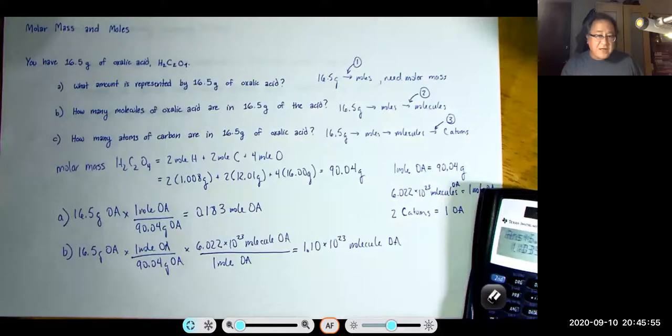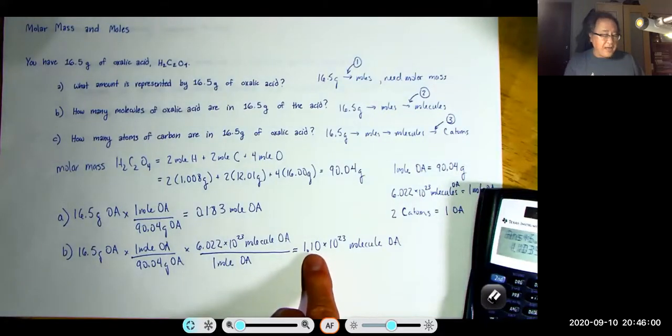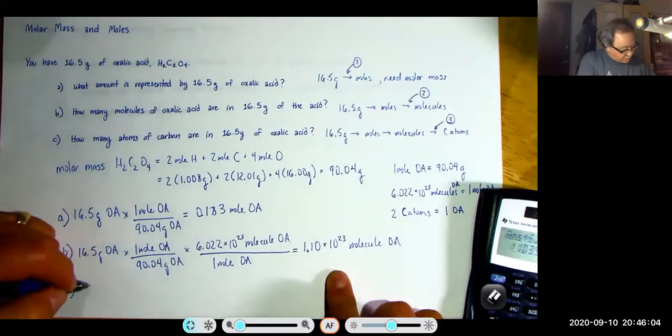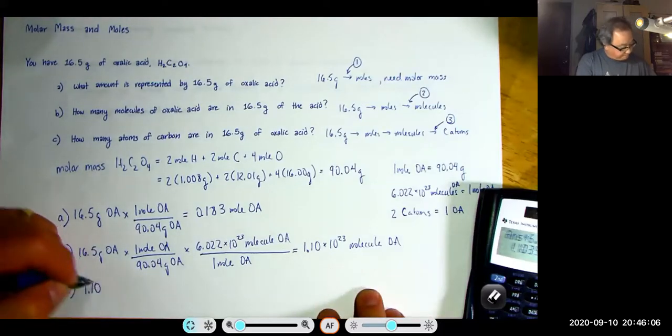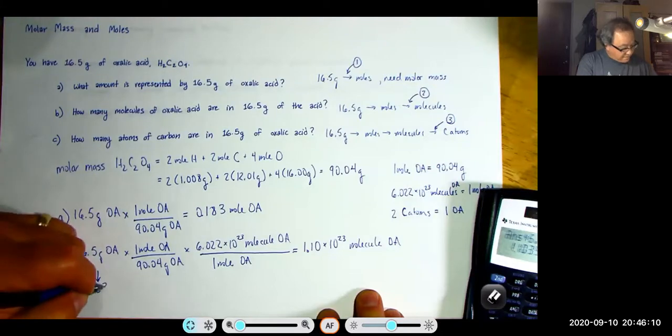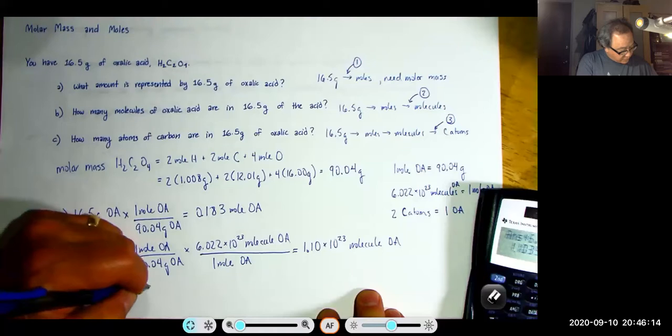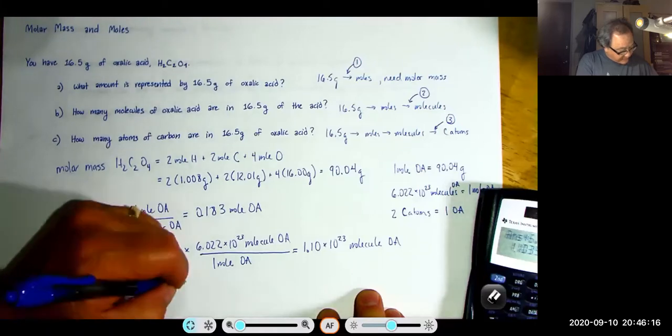Okay, now if we take a look here, I could potentially start with this number and get C. But what would be better is if I started with 1.10 and put a little arrow here, 3.5 times 10 to the 23 molecules of oxalic acid.